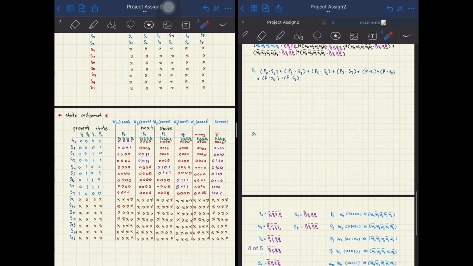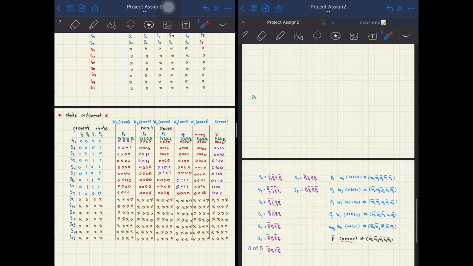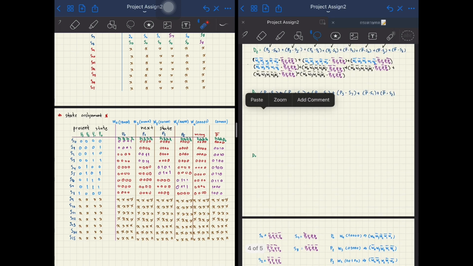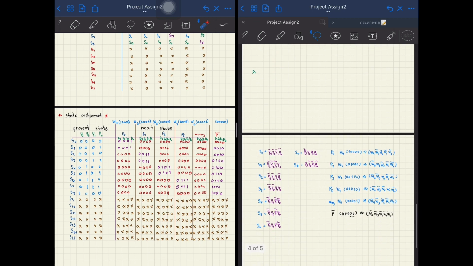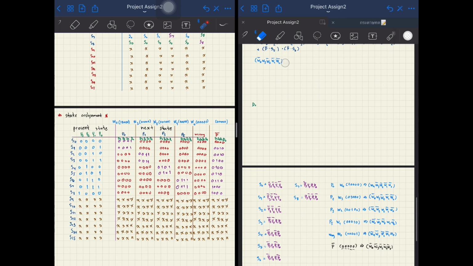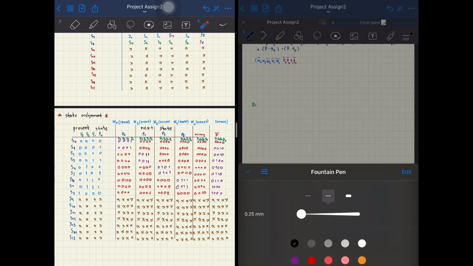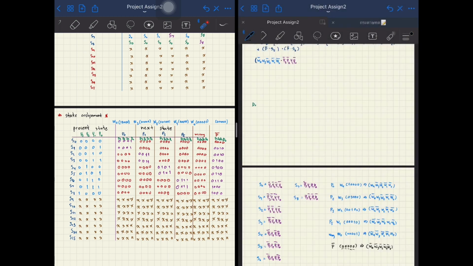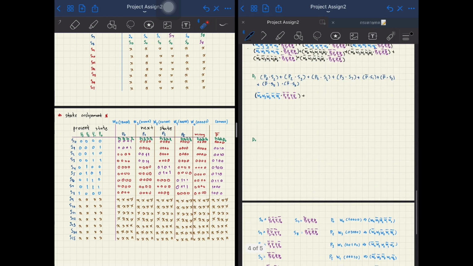So let's do it. P2 and we set state 2, P2. We look at P2. So we copy it. P2 and with state 2. State 2 is here. Okay, check.